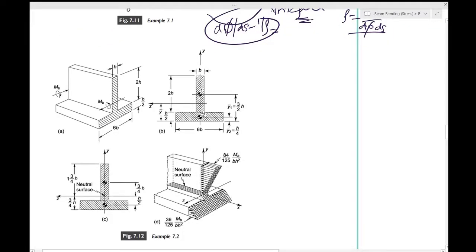Okay. Now let's move to example 7.2. You want to do something similar. You want to find the maximum tensile and compressive bending stresses in the symmetrical T beam. So this is a T beam. Okay, there is a T you can see over here. This is the T which forms.